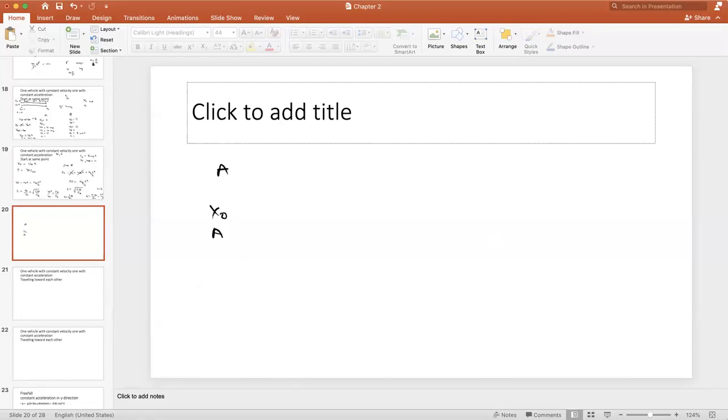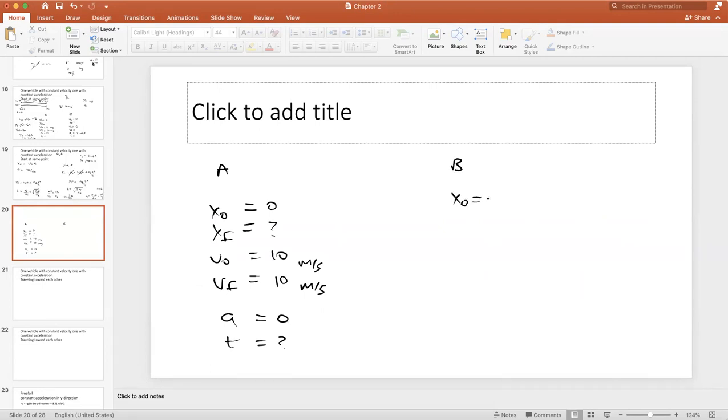X initial, X final, V initial, V final, A, and T: 0, unknown, 10 meters per second, 10 meters per second, 0, and unknown. And then for B, X initial was 0, X final unknown, V initial was 0, V final was unknown, A was 3 meters per second squared, and T was unknown.